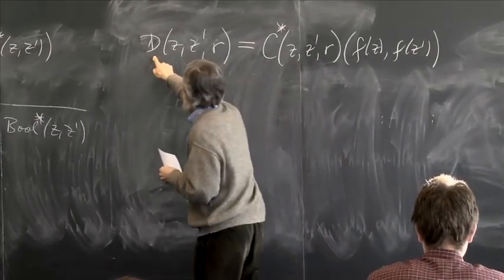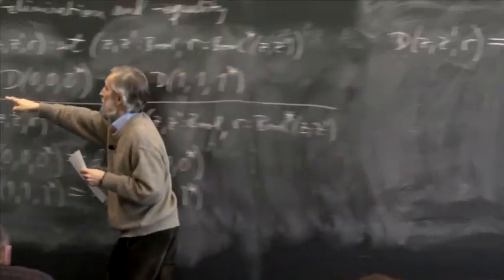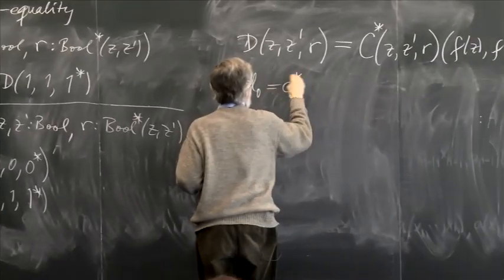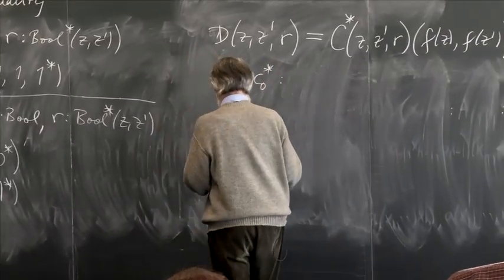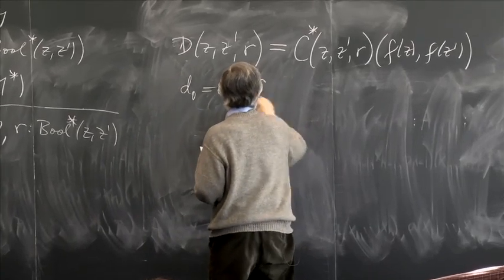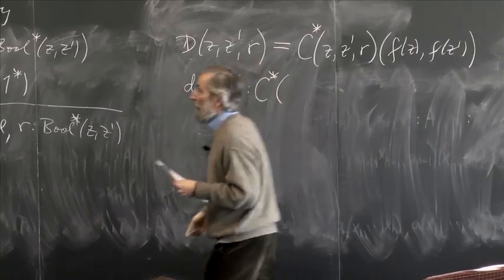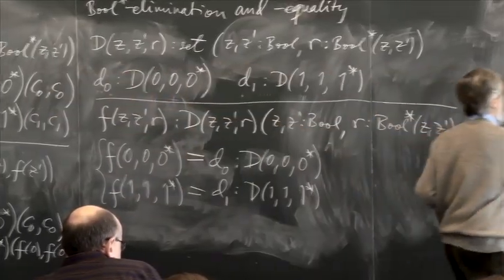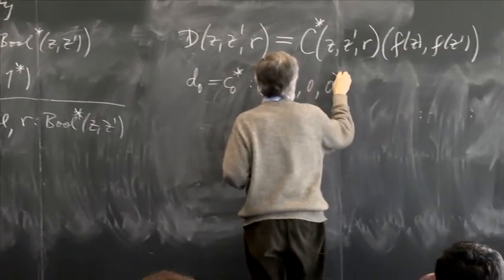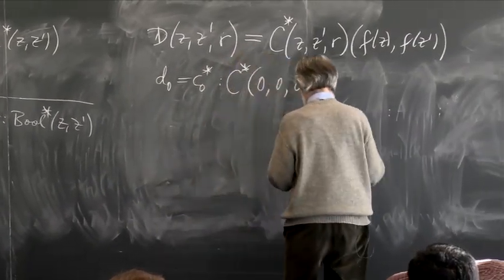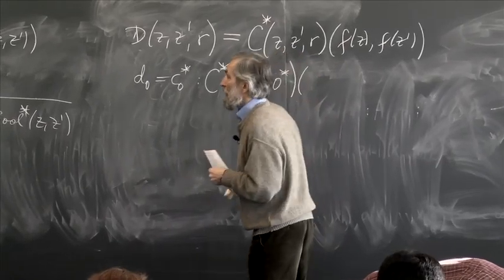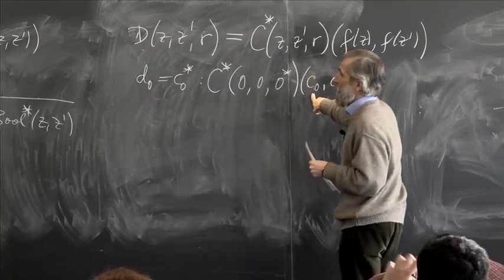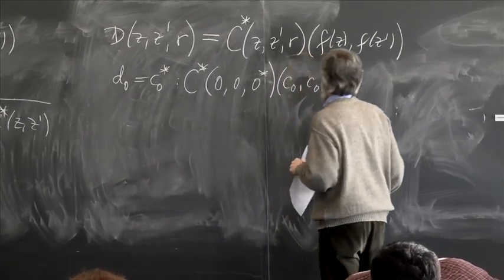No, I should say, we choose D in this way, and we choose D0 to be C0 star, which we know is in capital C star of C0 and C0. But now note that C0 is f of 0.